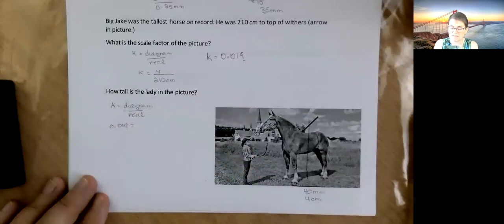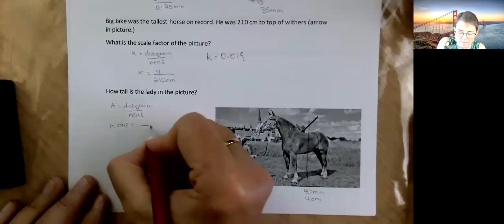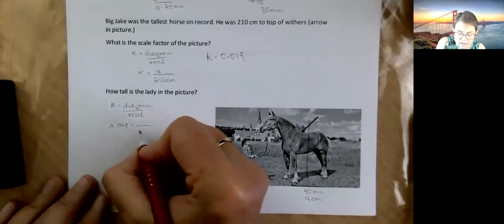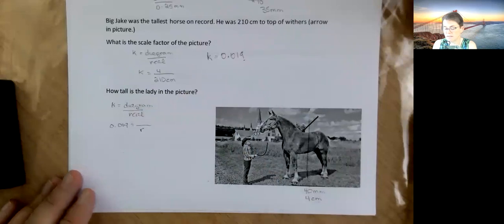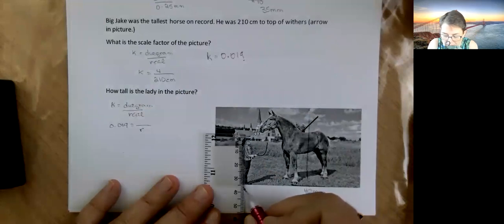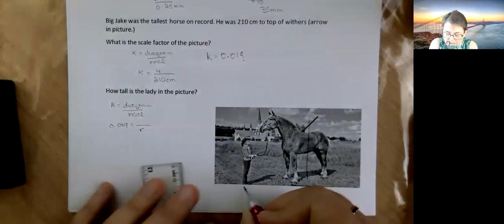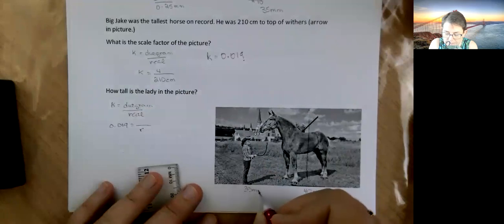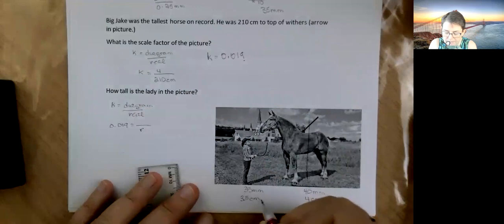Now we have to measure the lady in the diagram. Real, I'm just going to put as an R, is the one we're not going to know. So we'll measure the pretty little lady in the diagram, and I'm going to say she is 35 millimeters, which is 3.5 centimeters.